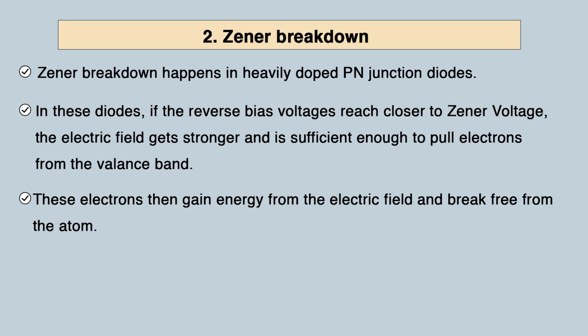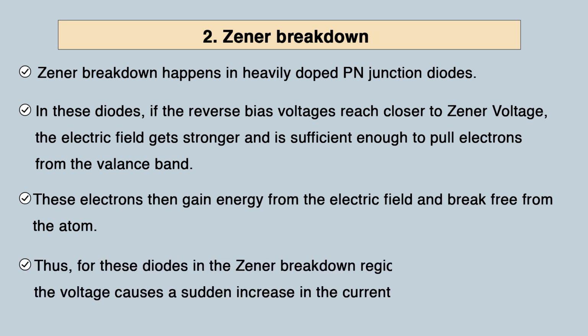These electrons then gain energy from the electric field and break free from the atom. Thus, in these diodes in the Zener breakdown region, a slight increase in the voltage causes a sudden increase in the current.